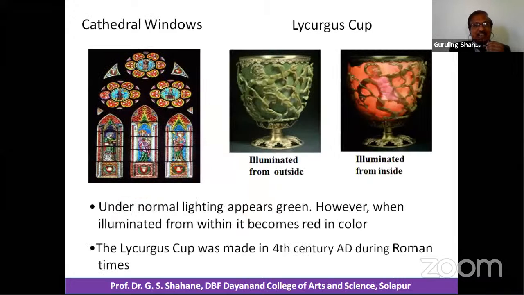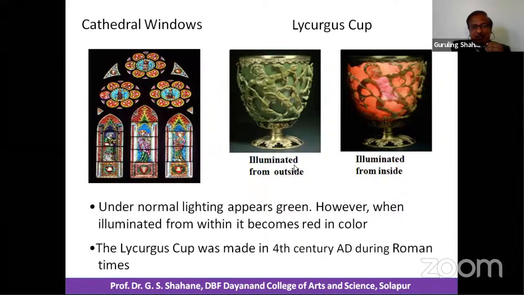Another example, glass windows in the cathedrals. Look at these beautiful colored glass windows. They were prepared nearly 2000 years ago. Very colorful. They have used gold nanoparticles, silver nanoparticles for these colorful windows. Similarly, another very famous example is the Lycurgus cup. What is the beauty of this? Look at this.